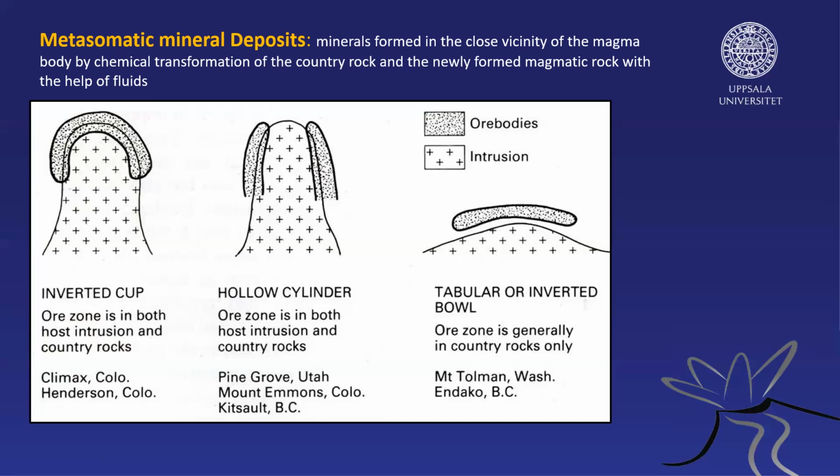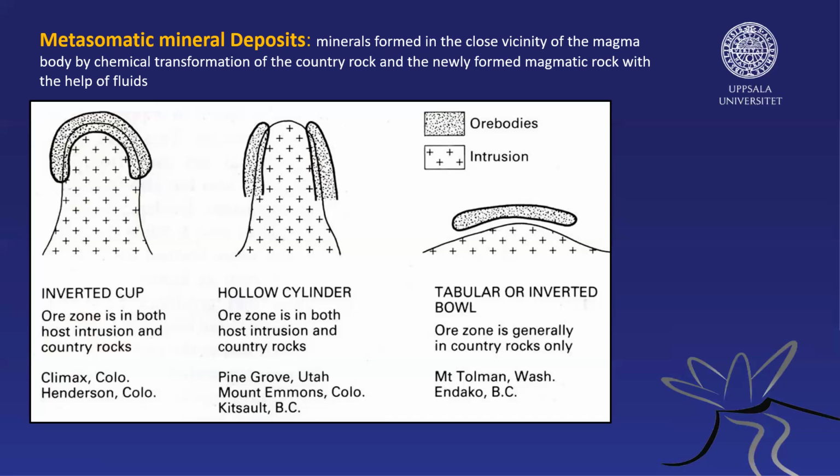You can find three shape types of this kind of deposit: inverted cup, hollow cylinder, and tabular or inverted bowl.